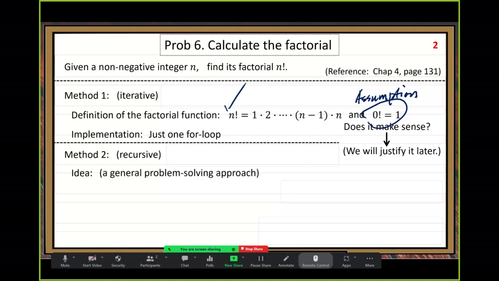So here we take a general problem-solving approach for recursive thinking: the divide and conquer approach. It is a very important method in problem solving.